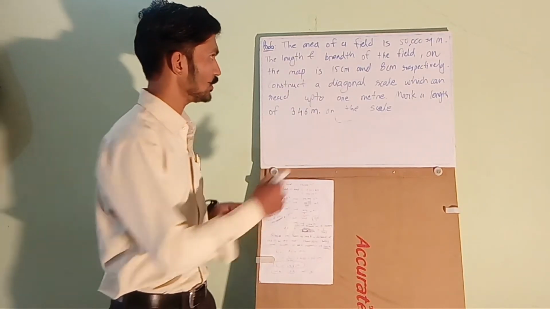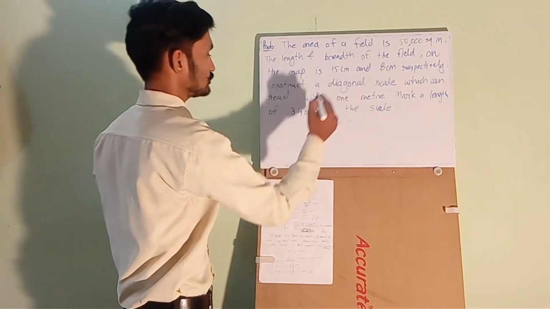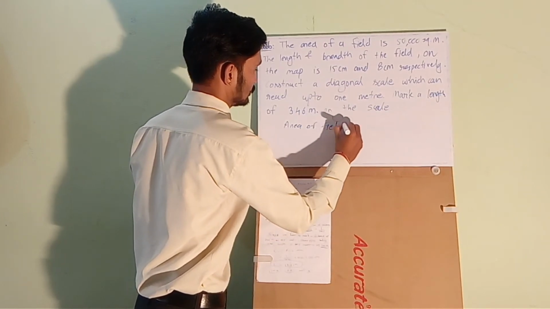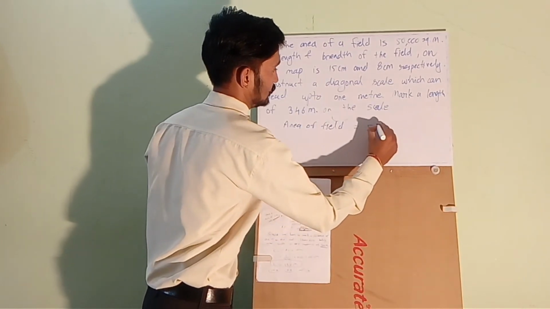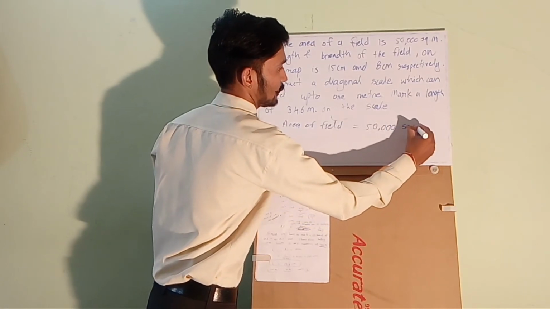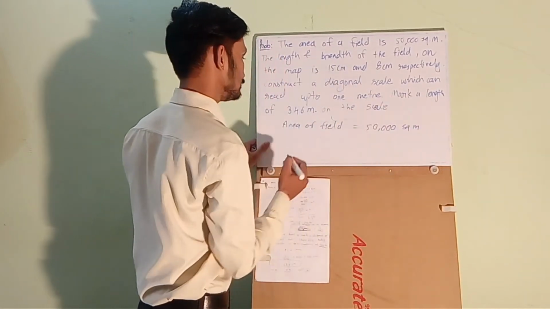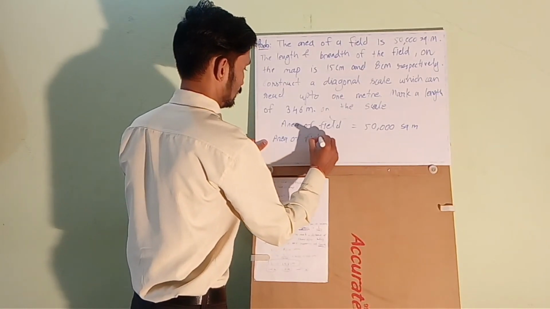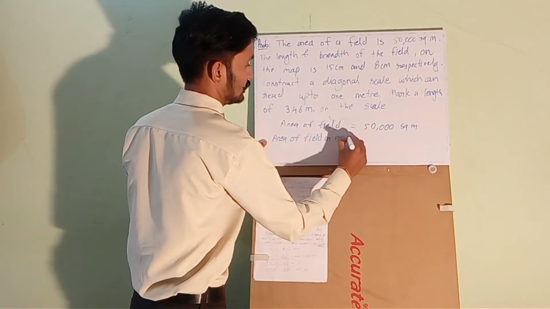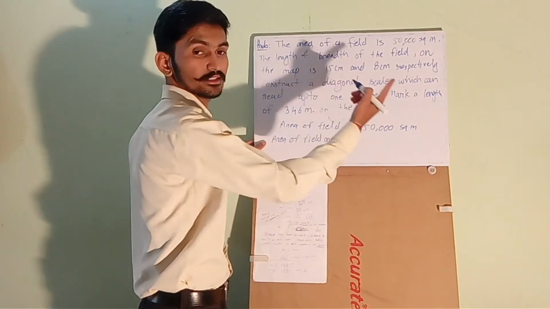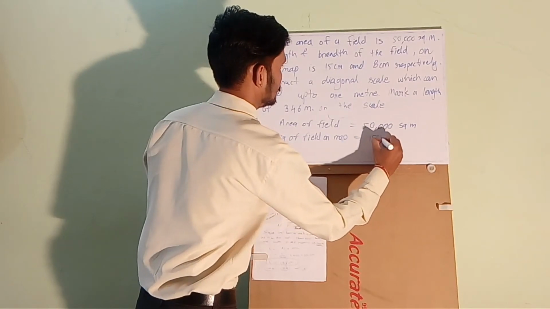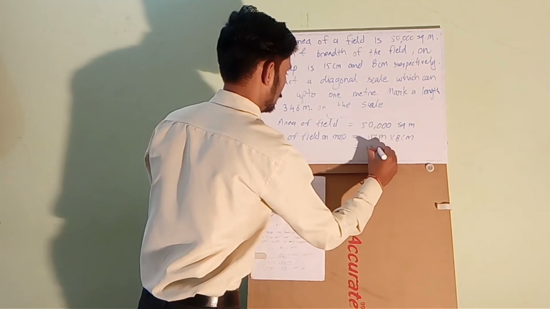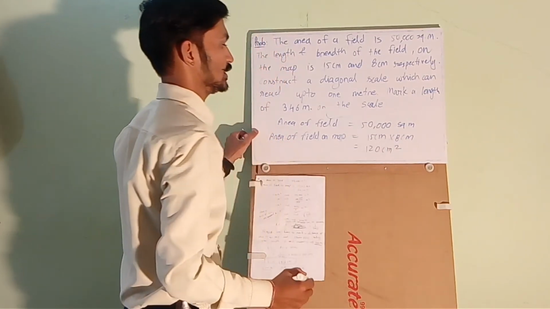So as we have to show 346 meters, so we can take 400 meters to be measured, maximum length to be measured. Okay, so the area of field is 50,000 square meters, and area of field on map is length into width, which is 15 centimeter multiplied by 8 centimeter, which is 120 centimeter square.